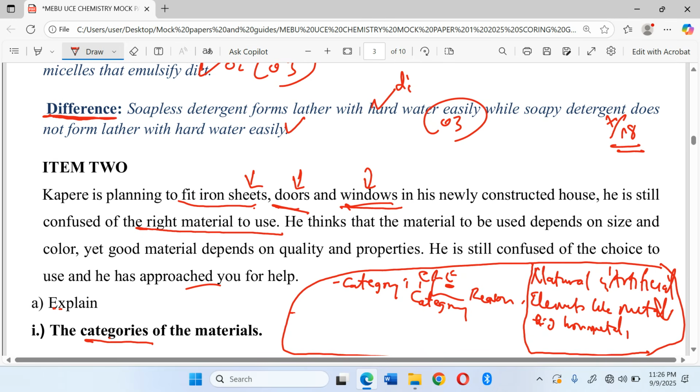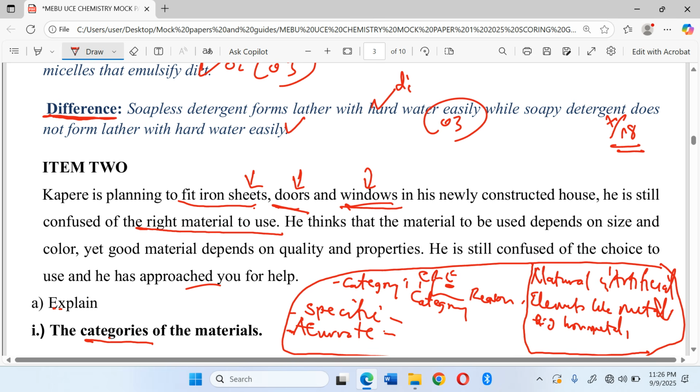We have to be very specific and make sure that whatever you're putting is the correct thing. It is accurate. So we have to be very specific and respond to the question that is being asked.